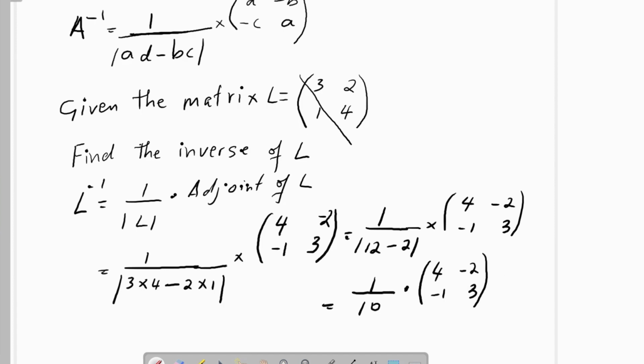This can be further broken down by dividing each element by 10 if we so desire, but once we get to this point, we have found the inverse of the matrix.